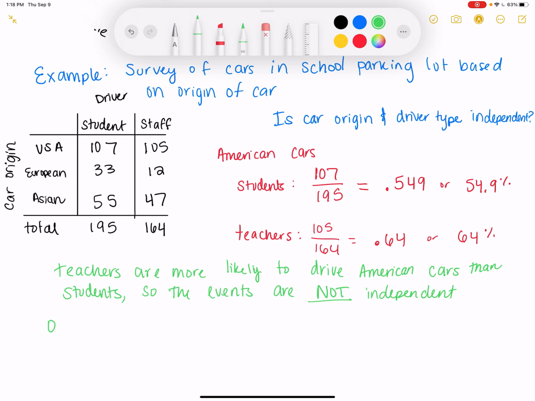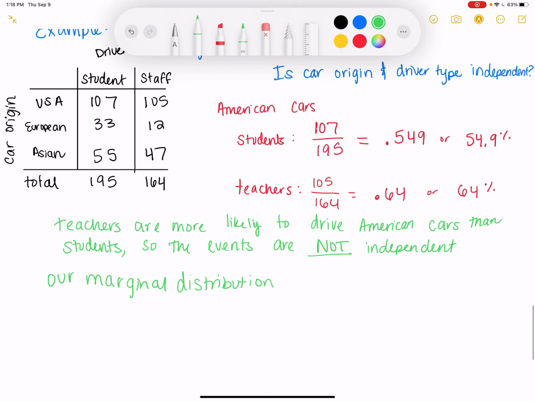So our marginal distribution, and I'll give you a better definition of marginal distribution after we finish this example as well. But our marginal distribution for American cars is 107 plus 105 divided by 195 plus 164.